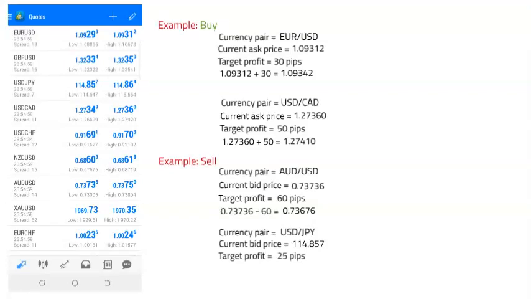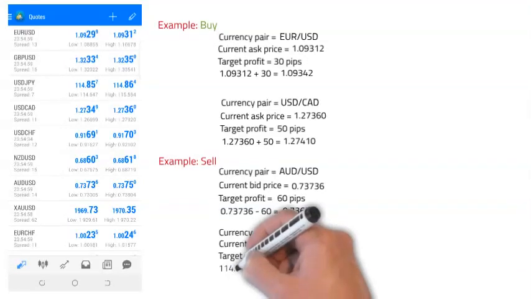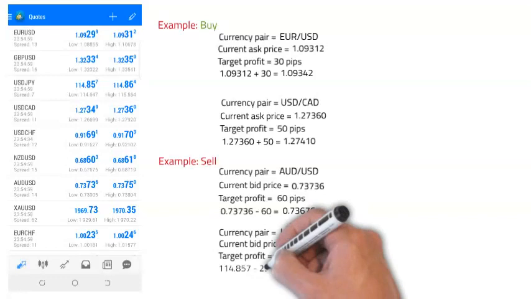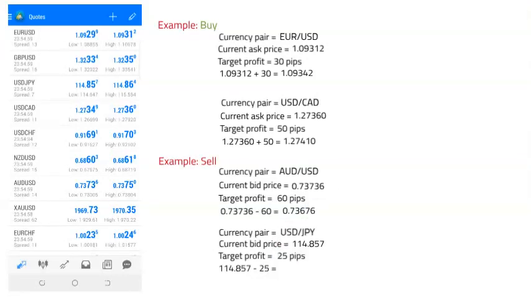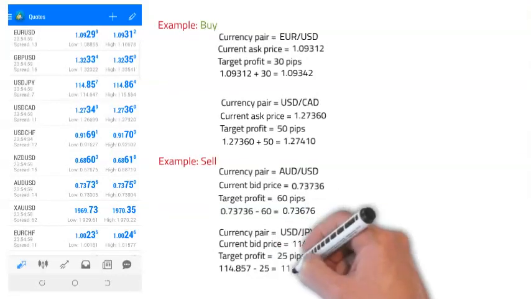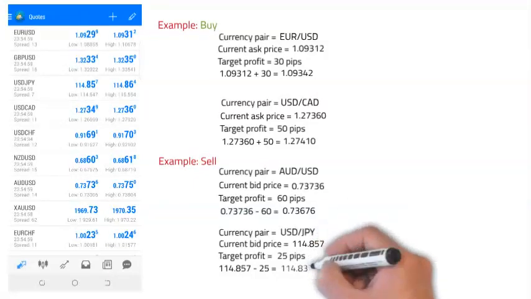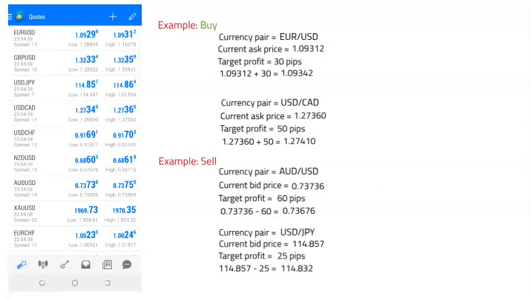What would my take profit be? I will just subtract 25 pips from that current bid price because I'm selling, and I will get 114.832. Then I will input that into the take profit box. When price gets there, my profit will be added to my account immediately it reaches that level.